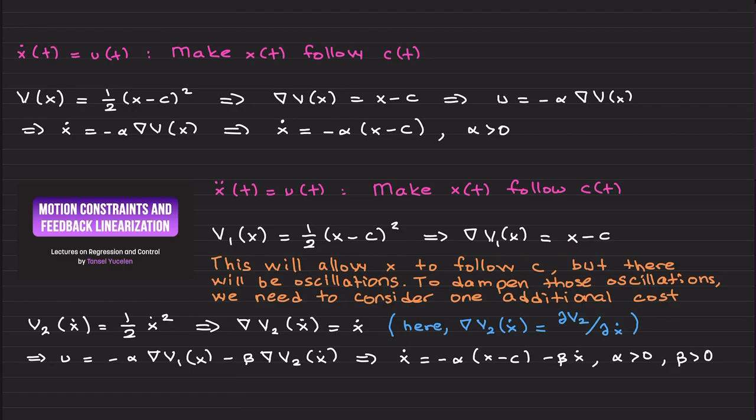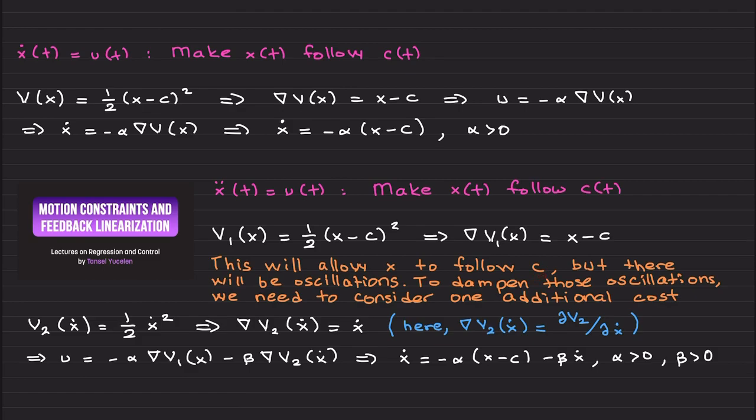So you can go ahead and use this in the control signal like I did here, the first gradient, v1. However, using this alpha times the gradient of v1 as the only control signal will allow x to follow the command, but there will be oscillations.